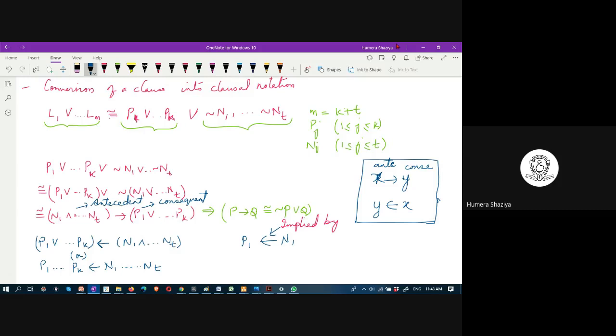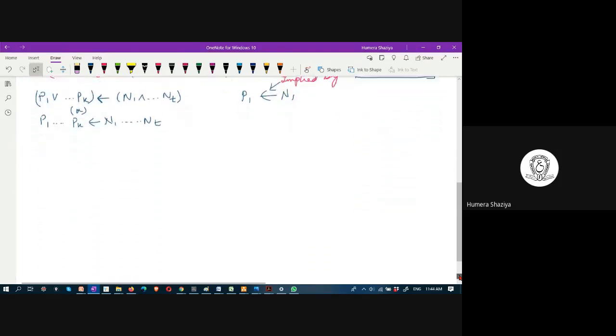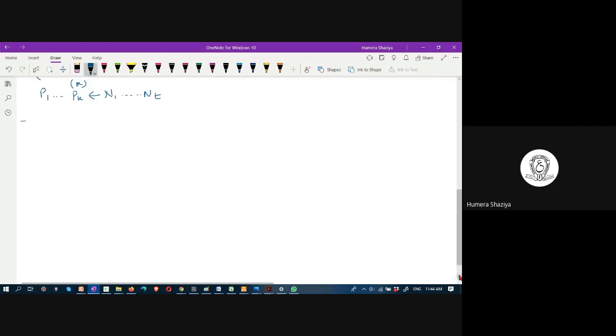Alright, there are three basic statements in logic programming. First one, rules, facts, queries.